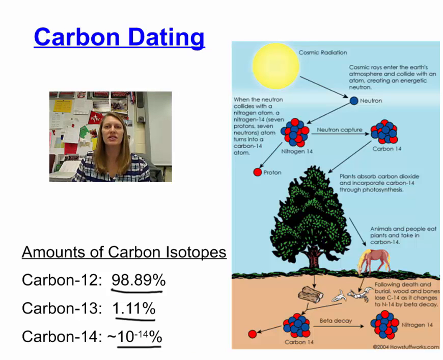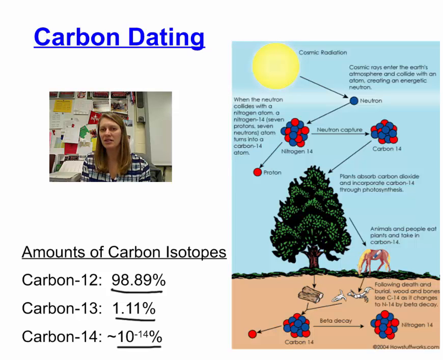But as you can see over here in this diagram, carbon-14 that does exist is going to be able to get into all different living organisms because it's in the air. So producers such as trees or grass are taking it in as part of photosynthesis. So the carbon-14 becomes part of their plant matter.